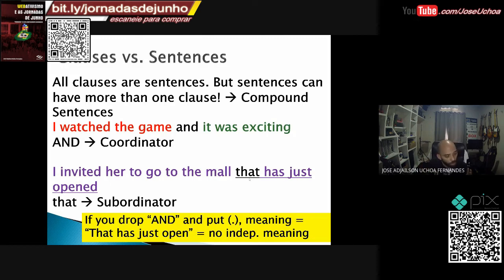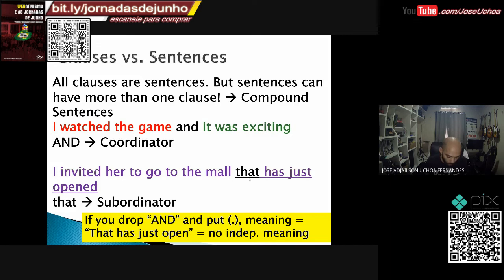Então, eu sei que tem uma relação entre esse sujeito e esse estado do ser ou essa ação, ok? Agora, quando eu digo that has just opened, that, nesse caso, é uma conjunção, não é o that pronome demonstrativo. That has just opened, ou só has just opened, eu tenho uma oração que não tem sujeito.